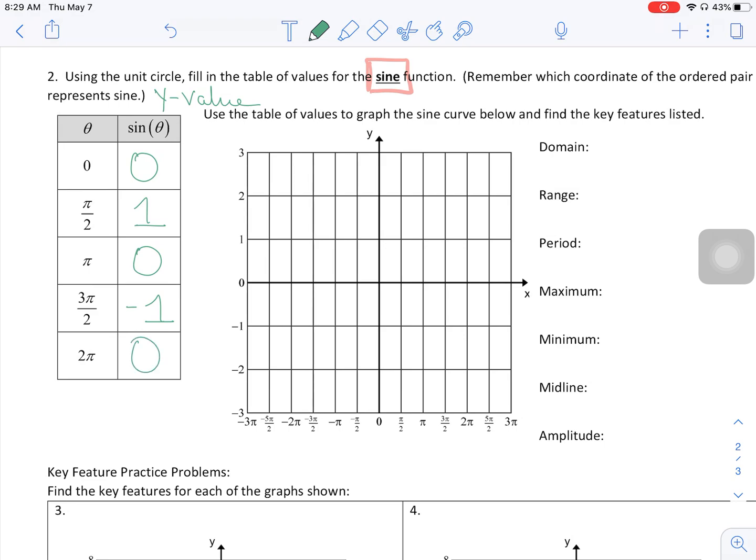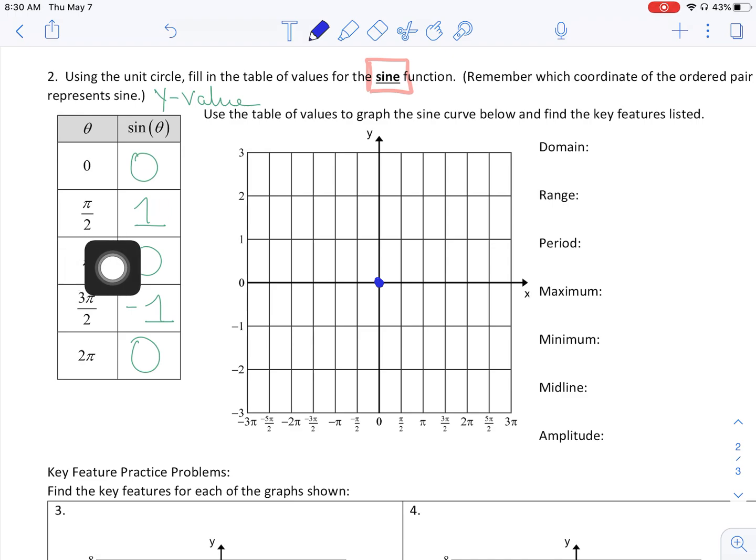All right, so now I'm going to take these 5 values and plot them on my curve. Same thing as the cosine, the x-axis is marked off in radians, so I'm just going to use these radian values right here. So let's see, 0 radians, 0 on the y, so 0, 0 is the origin.